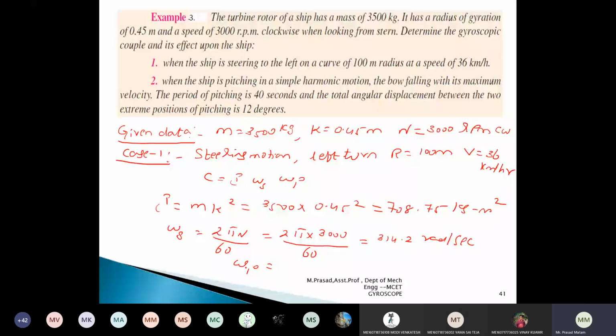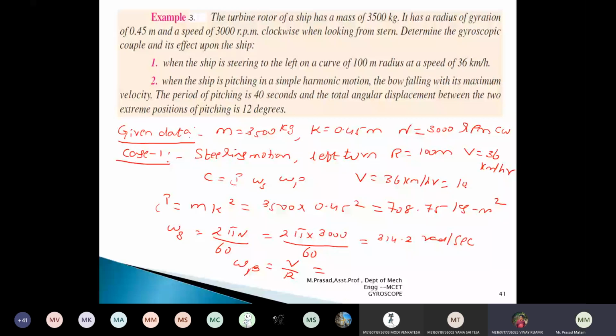One more thing we are supposed to find, angular velocity of the precession. How to find omega p? That is given by the equation v by r. What is the velocity? Velocity is 36 km per hour. Can you convert this velocity into meters per second?